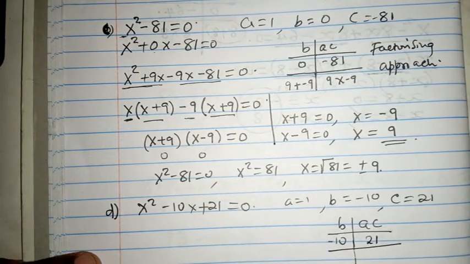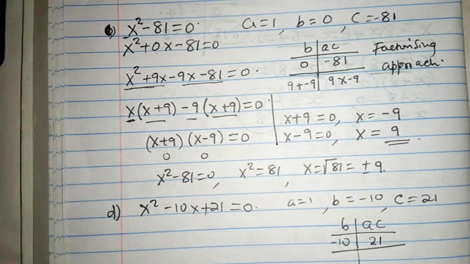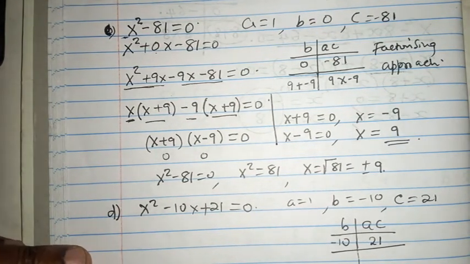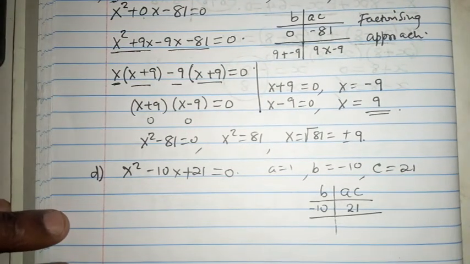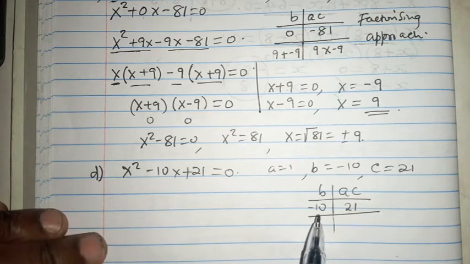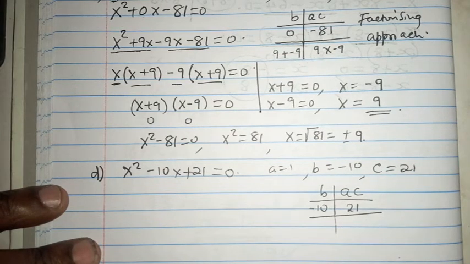So which two numbers do we add that give us minus 10, and the same numbers we multiply, they give us 21. And obviously, we realize that we have a minus 3 and a minus 7 to give us minus 10. And when multiplied, we get 21.